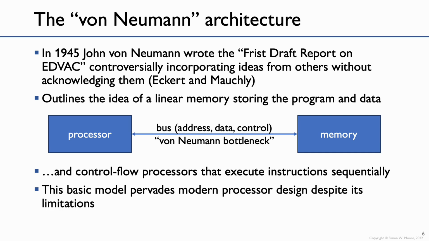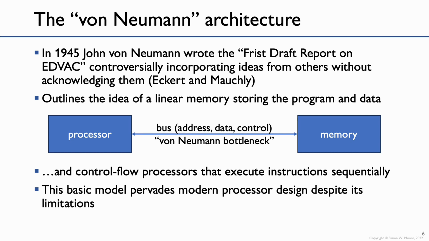It starts off with the idea of having all the state sitting in a linear memory that's addressable. What I mean by linear memory is that the addresses are just sequential integers for all the bytes or all the words in memory. And the processor performs the programs and manipulates the data in memory.